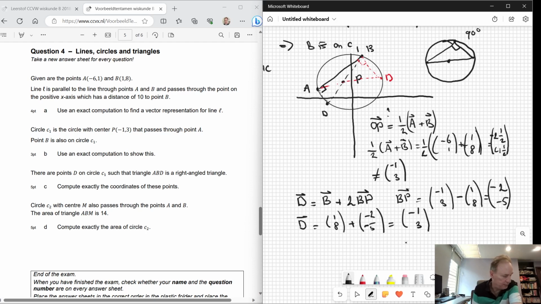So that should be one option for point D. This doesn't make sense. -1, 3.